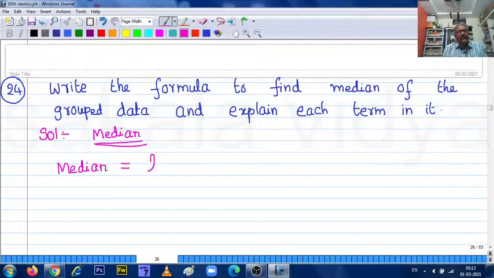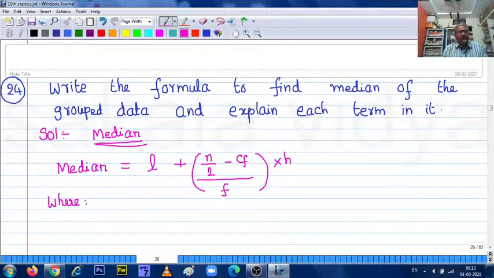we can write L plus n by 2 minus CF upon F multiplied by H. Where L equals lower boundary of median class.